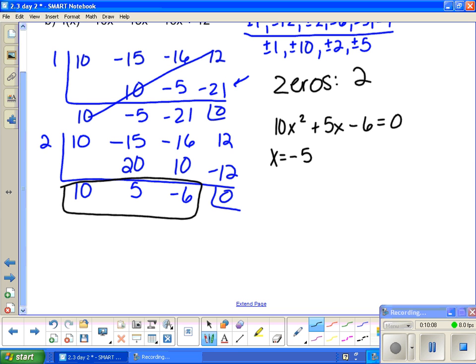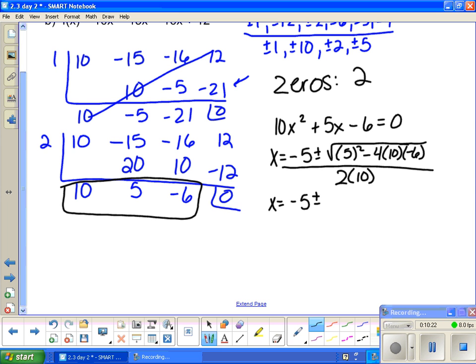x equals opposite b plus or minus square root b squared minus 4ac all over 2a. Negative 5 plus or minus square root 25 plus 240 all over 20.